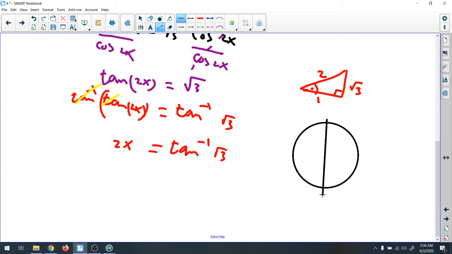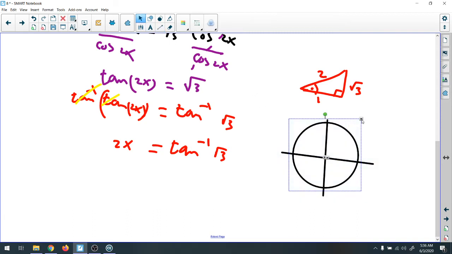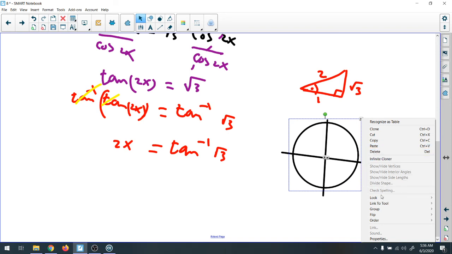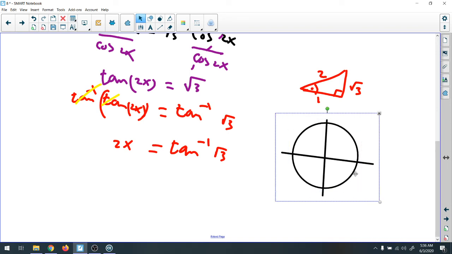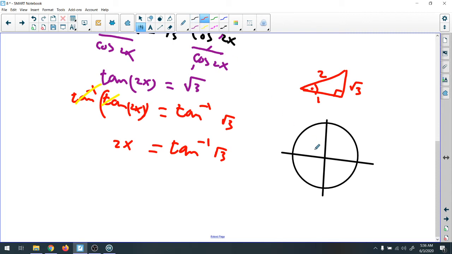Okay, y-axis, x-axis. Imagine this is our unit circle. First, second, third, fourth. And our positive tangent must be in first or third. So if we do first, it will be like that. And this is our angle here.